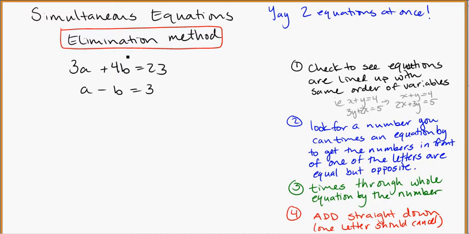Okay, step 2. The idea here is that we're going to try to add these equations together so that we can get one of the terms to cancel, to go away. So we need to think of a number that we can times either the top or the bottom equation by, so that the number in front of either the a would be negative 3, for instance, equal to 3 but opposite of sign of the first equation, or so that it would be possibly a negative 4 in front of the b, so that we have positive 4 on the top equation and negative 4 on the bottom equation.